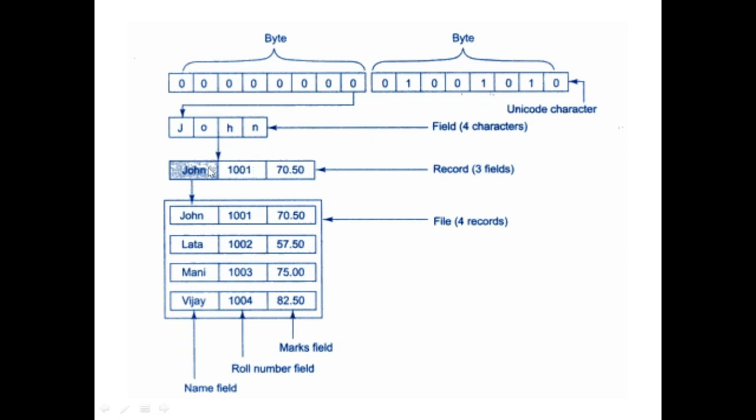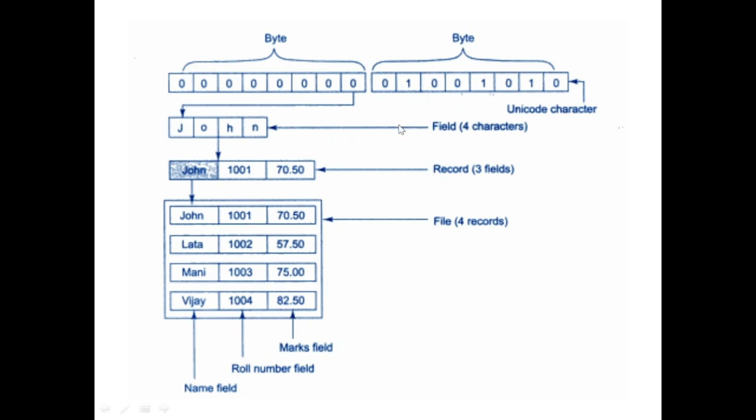Now John is a particular field, 1001 could be a particular field, maybe its unique ID, and 70.50 may be its marks. So all these fields combined will make a record, and the collection of records can be stored inside a file. The characters in Java are actually Unicode characters composed of 2 bytes, each byte containing 8 binary digits, ones and zeros.